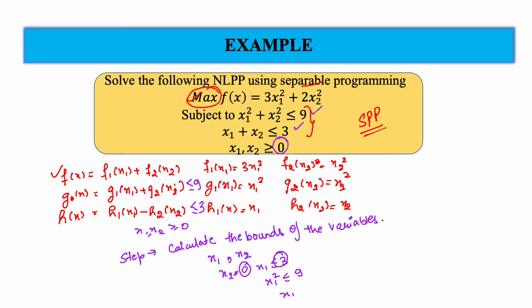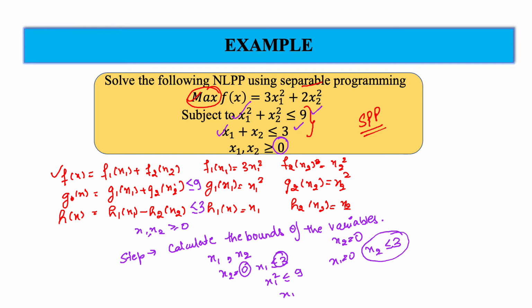Similarly, the lower bound of x2 is 0, and for the upper bound of x2 you can put x1 equals 0, then x2 is less than or equal to 3 from this constraint as well as from this constraint equation. From both constraint equations, the upper bound of x2 is 3.